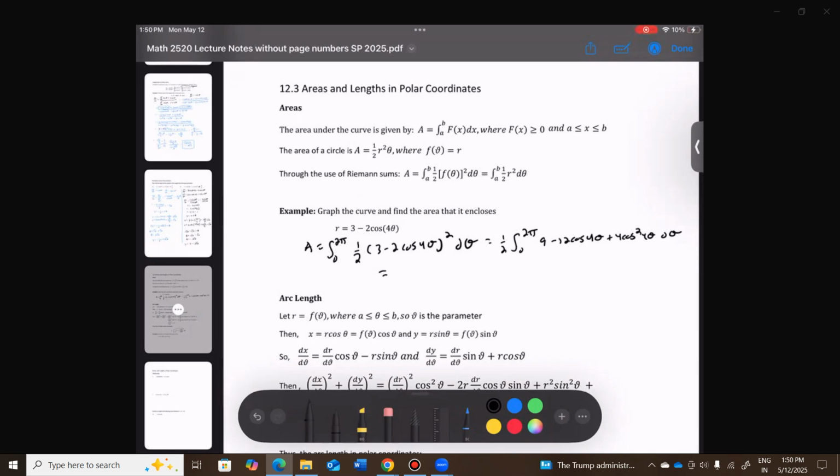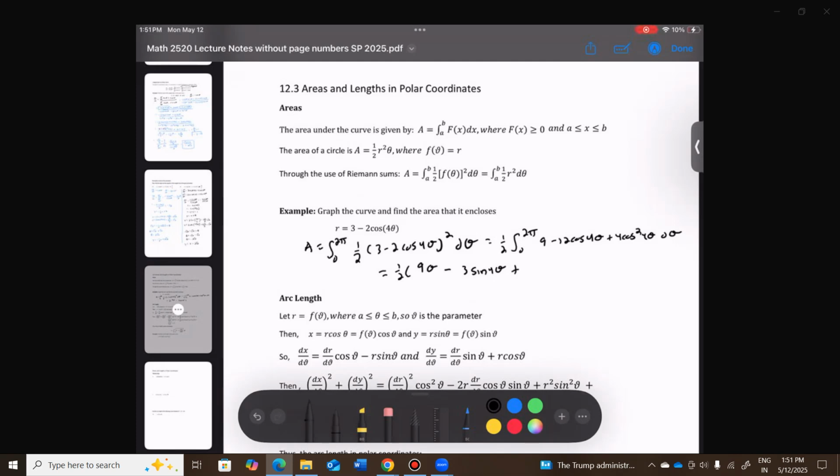And then when we find the integral of these, we'll have 1/2 times 9 theta minus 3 sine 4 theta. Now dividing the 12 by 4 gives you the 3. Plus, you know what, I'm going to do the cosine squared term in a couple steps.